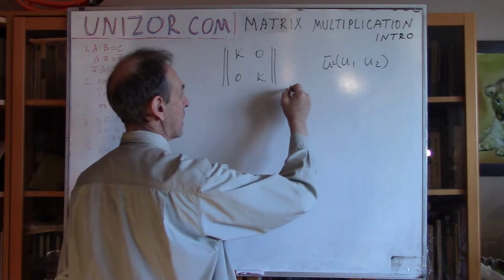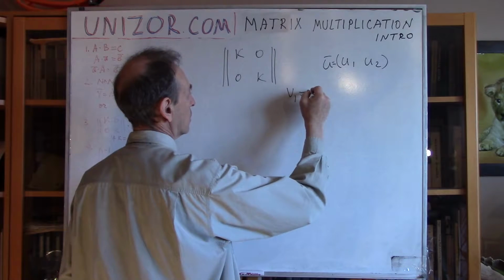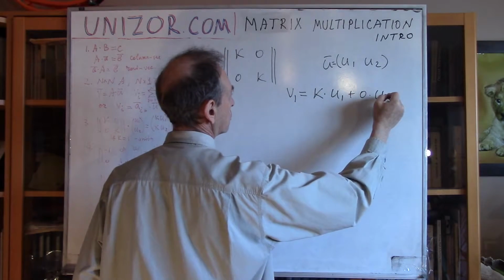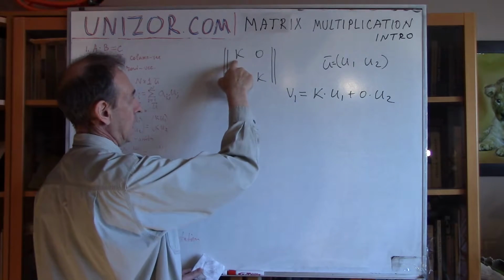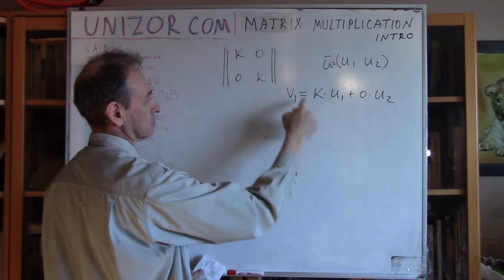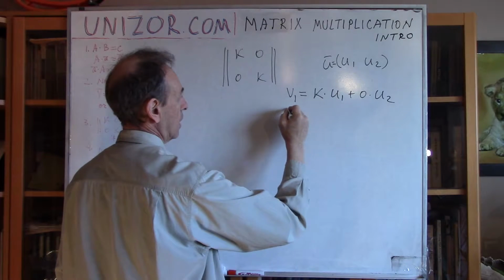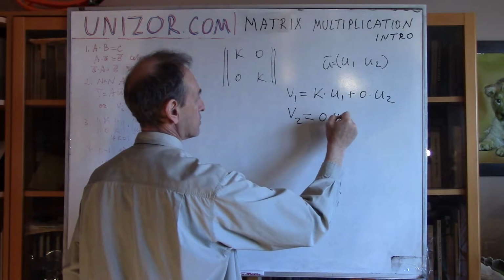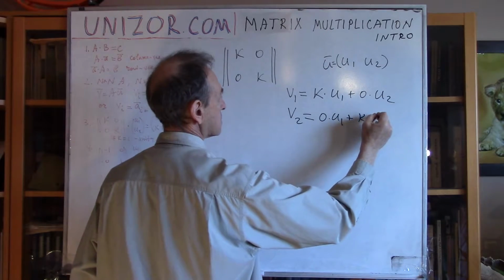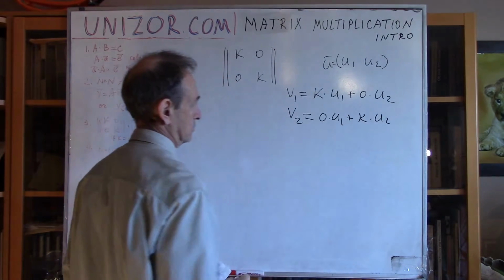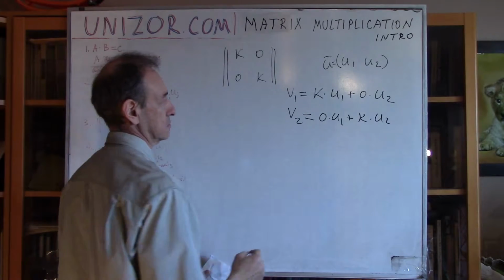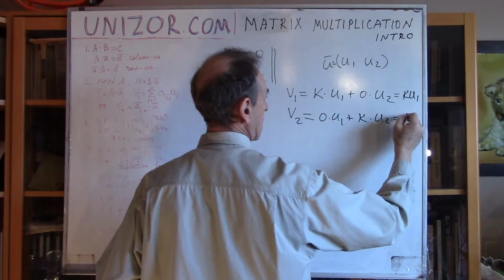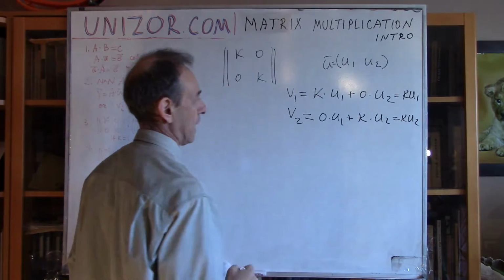Well, according to the equations, v1 is equal to k times u1 plus 0 times u2, that is, a11 u1 plus a12 u2. Now v2 is equal to the second row, 0 times u1 plus k times u2. So this is equal to k u1, this is equal to k u2, and what do we have now?